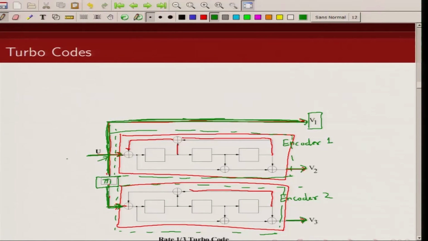So, you can see this is a rate 1/3 code, because there is one input and 3 outputs. This is one output, this is one output, and this is one output.